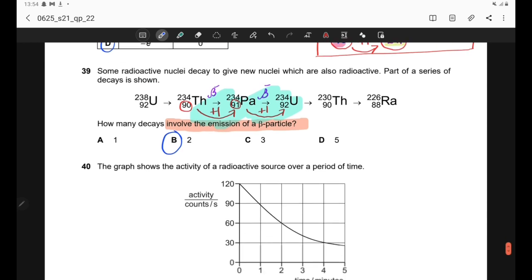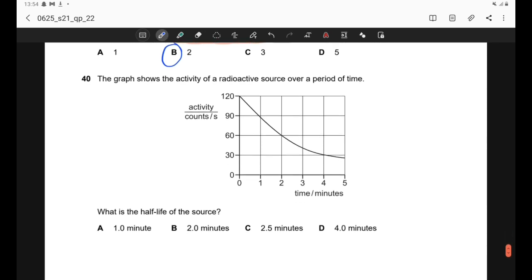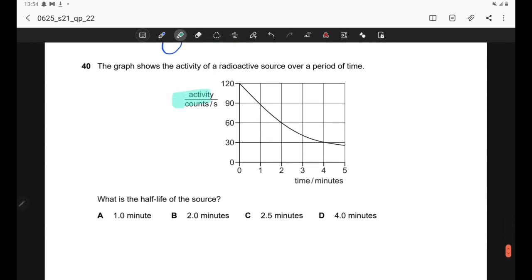Question 40. The graph shows the activity of a radioactive source over a period. The activity count and the time are given. What is the half-life of the source? Half-life is the time taken for the activity or count to become half of its initial value. Initially it was 120. Now half of 120 is 60.